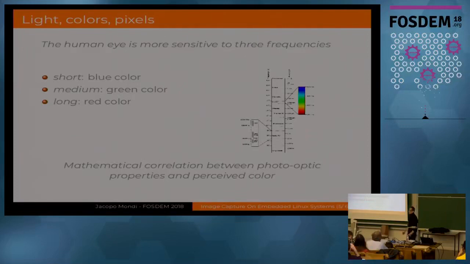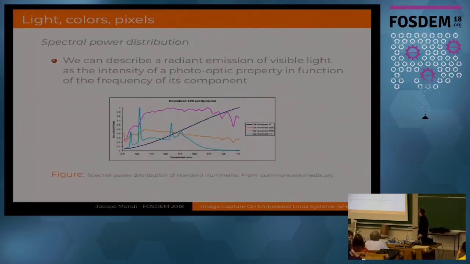And since we live in a digital world and we want to transmit and deal with colors, we need a mathematical model to correlate a perception of the physical phenomenon to the photometric property that triggers it. So a light beam that we perceive as a single color is actually composed of several components, each one with a specific wavelength.